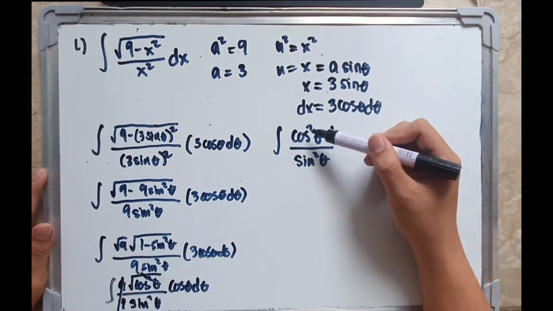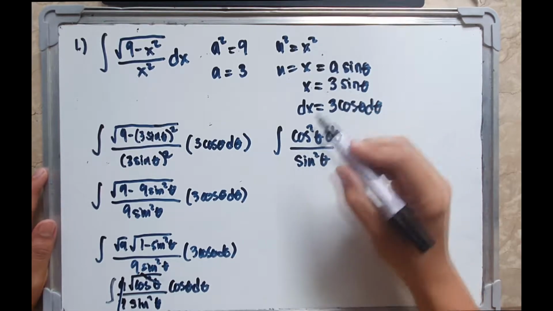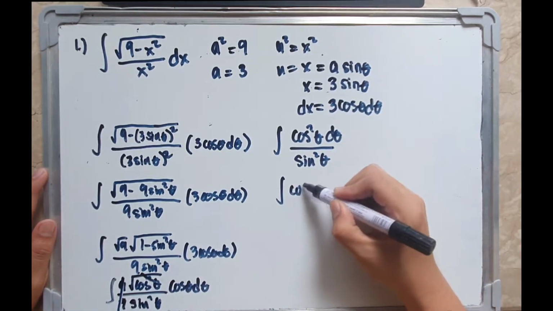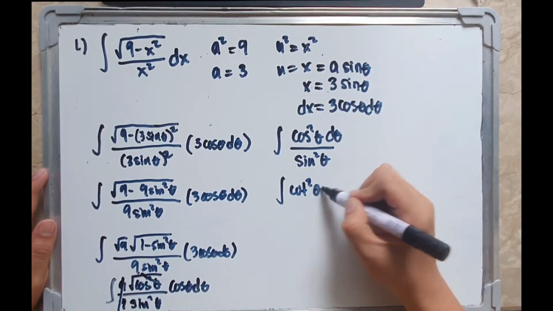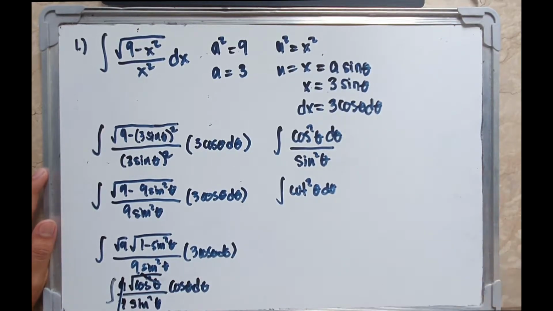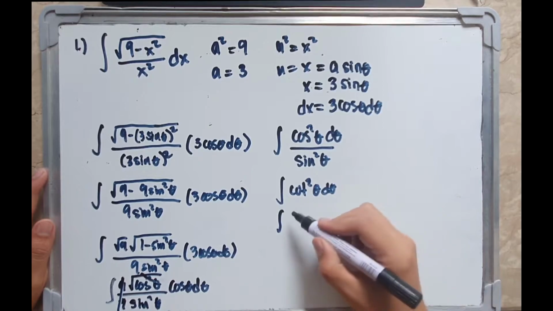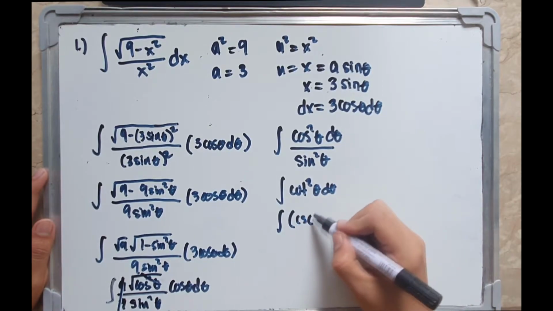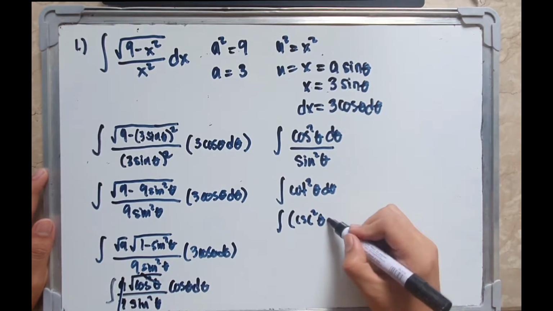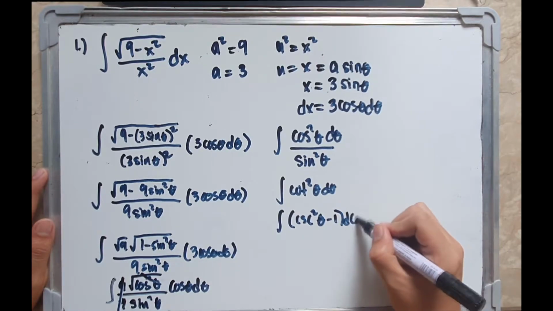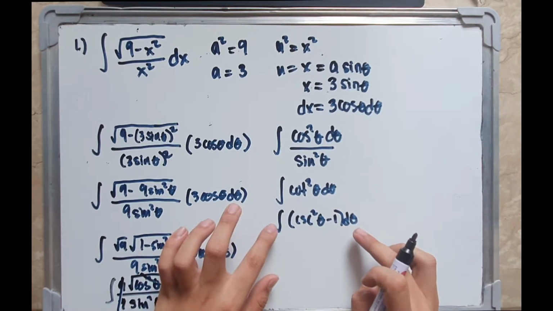Now, cosine squared theta divided by sine squared theta is equivalent to cotangent squared theta d theta. Cotangent squared theta has an equivalent identity again, which is cosecant squared theta minus 1 d theta. Let's distribute.